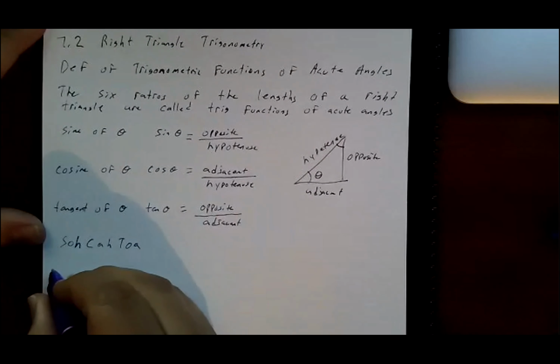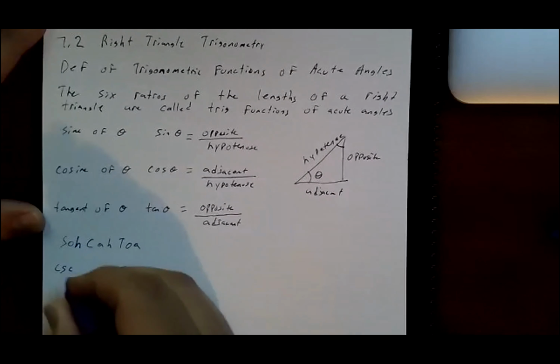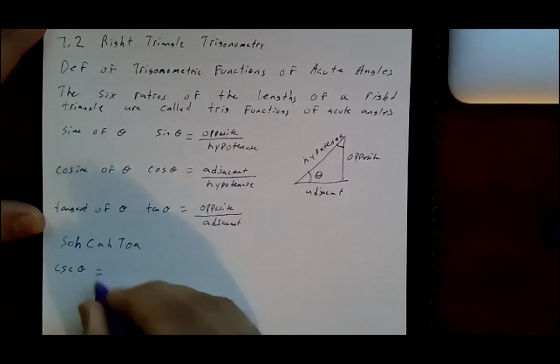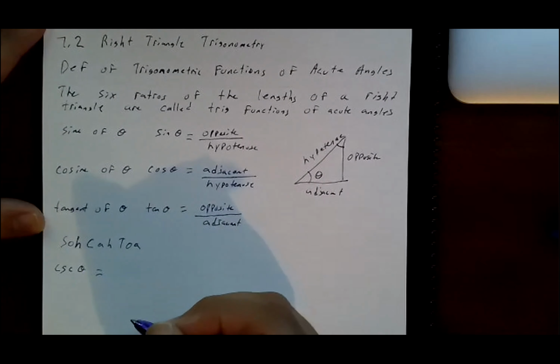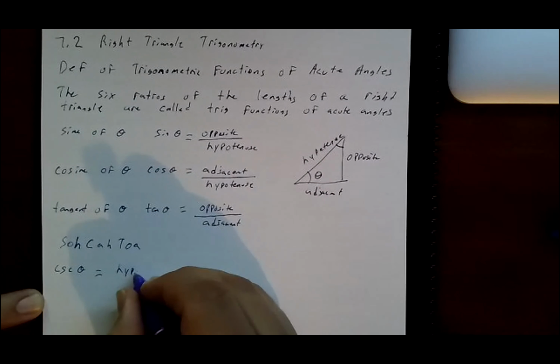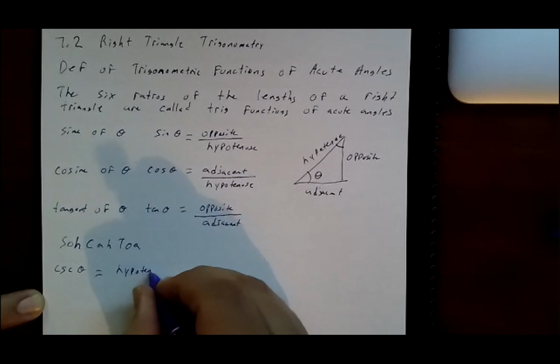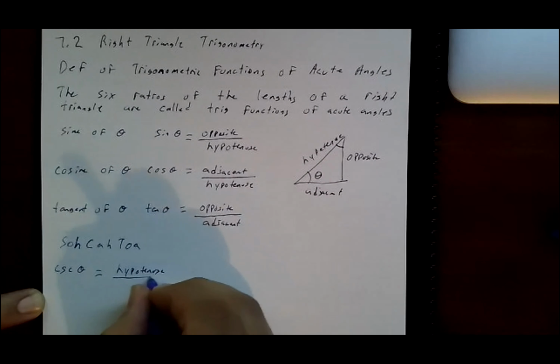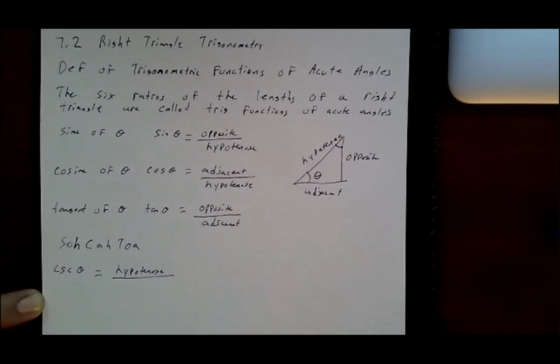Cosecant theta is equal to hypotenuse over opposite.